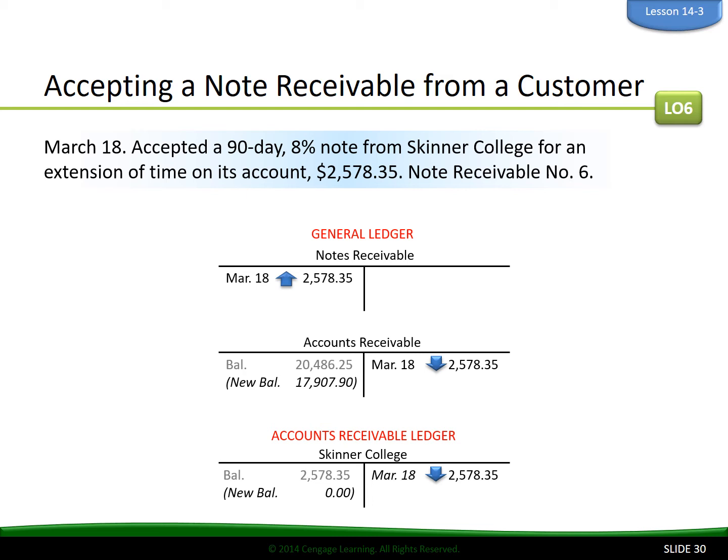This is note receivable number 6. So in the general ledger, notes receivable would go up by $2,578.35, and then accounts receivable would go down by $2,578.35. Okay, accounts receivable ledger will go down by $2,578.35.